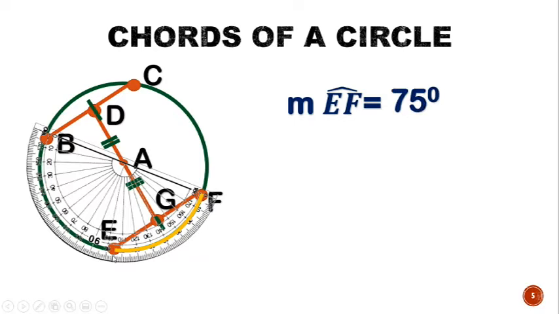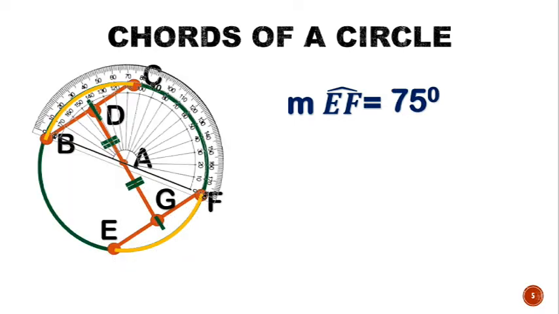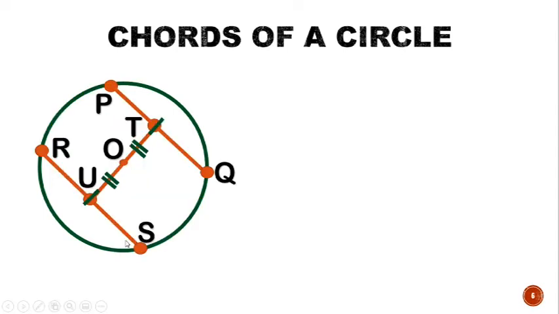What about the other arc? Yung nasa kabila naman, arc BC. It's also 75 degrees. So, kung parehas pala yung chords, parehas din yung minor arcs nila or yung subtended arcs nila.